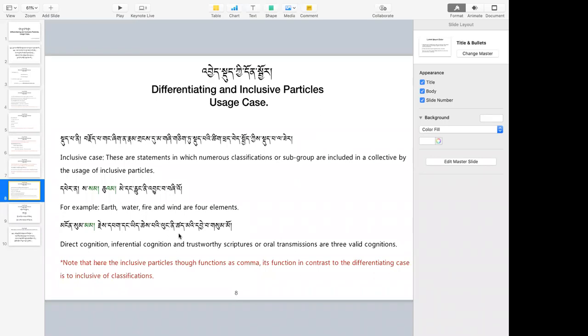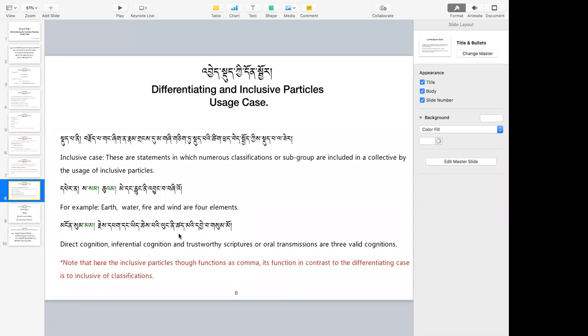So therefore, we understand that these two particles need to fulfill two criteria. First, it should be a statement in which different subgroups or classifications are included into a collective. That should be the nature of the statement as a collective statement.